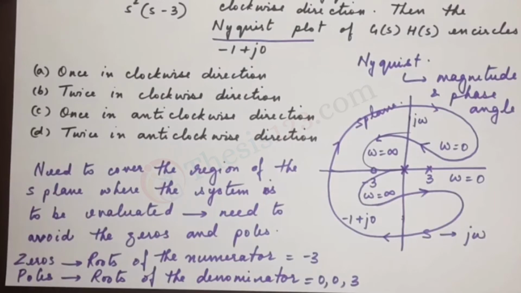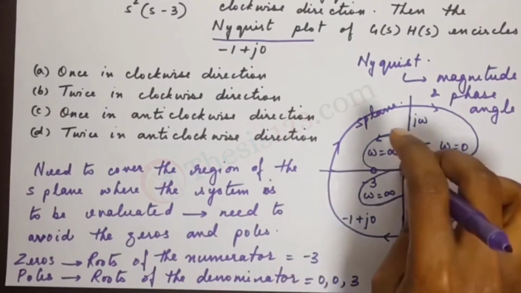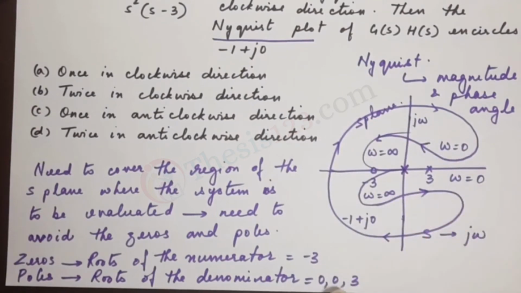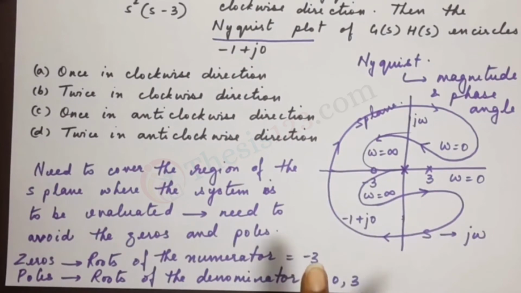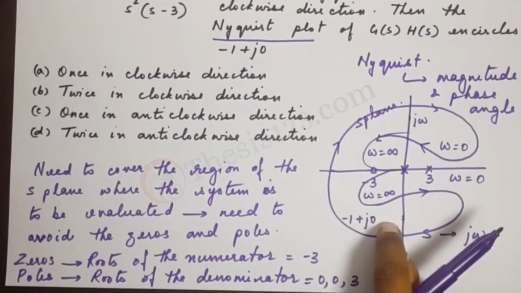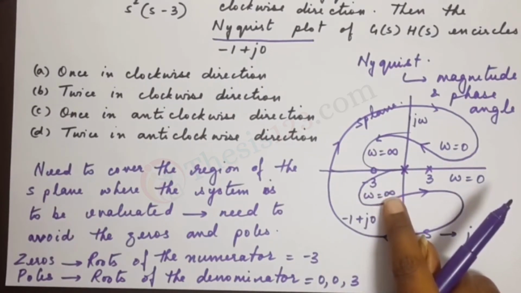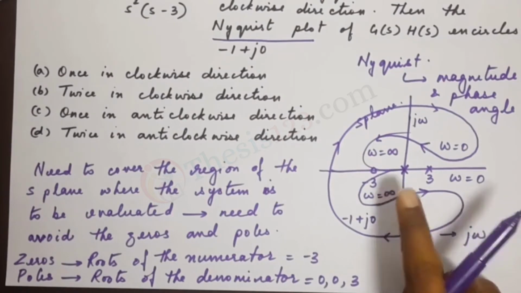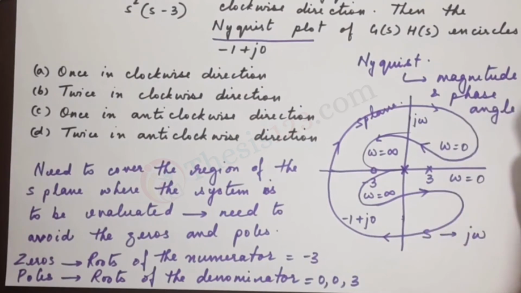Okay, and you should also know that since there are 2 poles on the origin, 0, 0, because there are 2 poles on the origin, we will have 2 semicircles with radius of infinity. Now you have to remember that two semicircles of radius of infinity mirror each other, so they are symmetric.